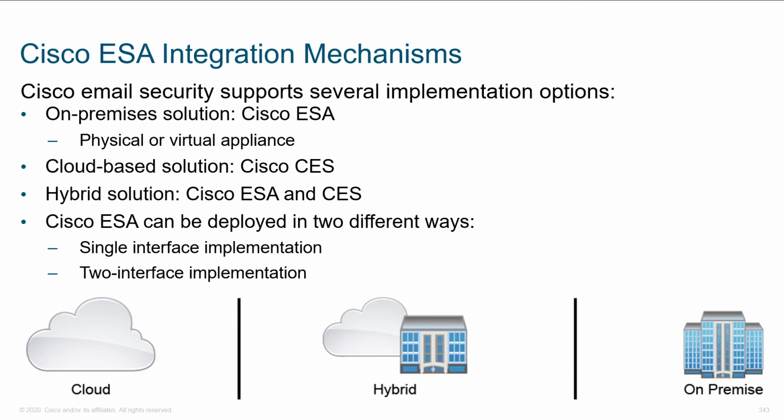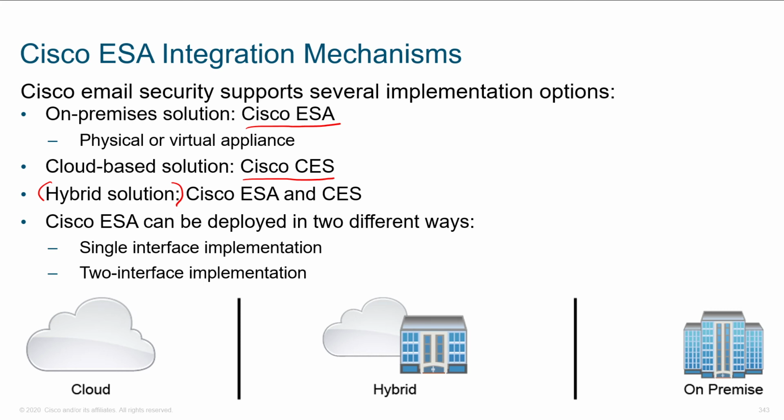If your number one goal isn't physical security or owning the device and you're okay sharing and you're okay leasing, there's also cloud-based solutions. So the cloud-based solution is CES. The on-premise solution is ESA. And of course, because there's always somebody who's going to ask for it, is there a hybrid solution? Why? Because you've got a complex environment and you need both things. Yep, they can be used together.